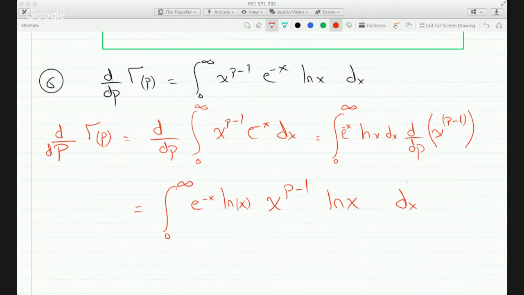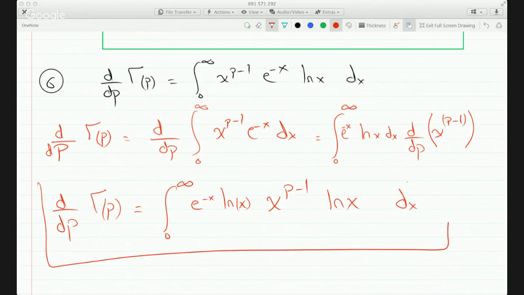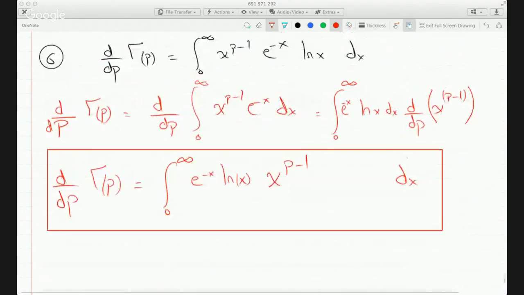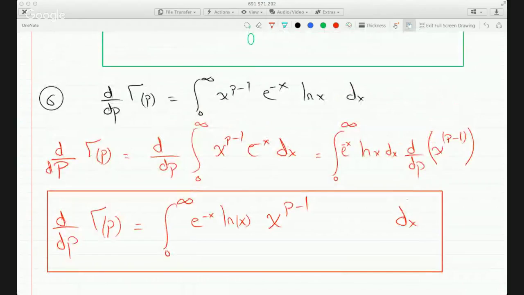So this is straight from the definition. So this is d over dp of gamma p, and you would have proved it in a couple of steps. This is what they're asking you to do. Oh, I repeated the ln x here. Sorry, there wasn't an ln x here. There was just e to the minus x dx.